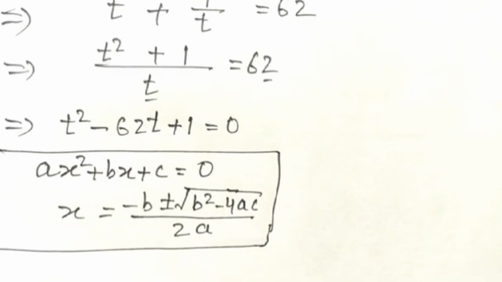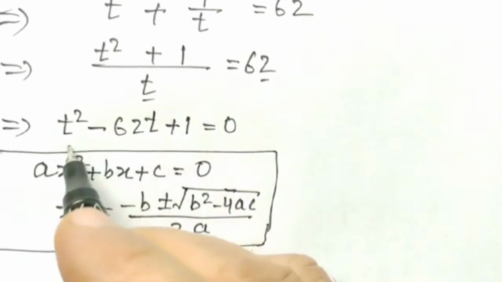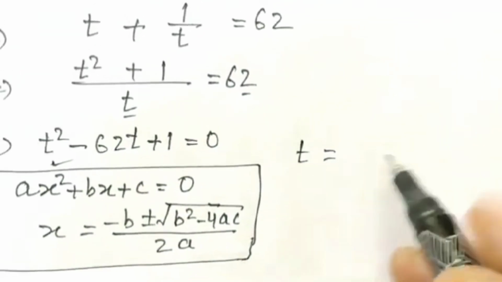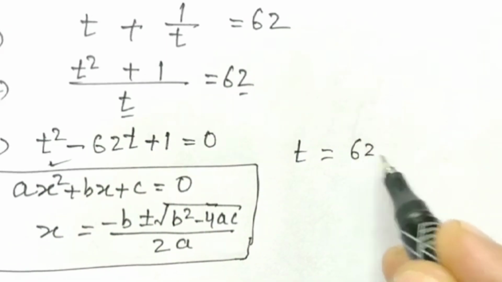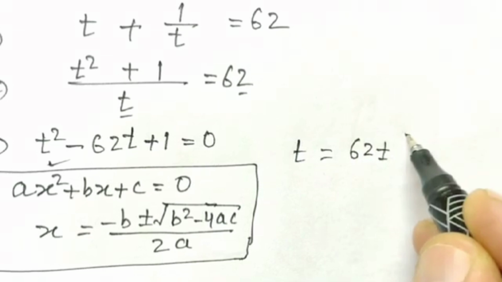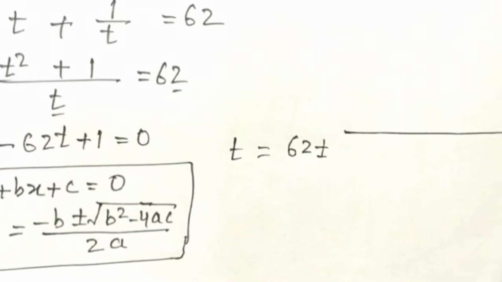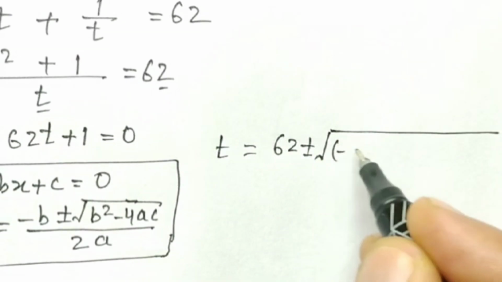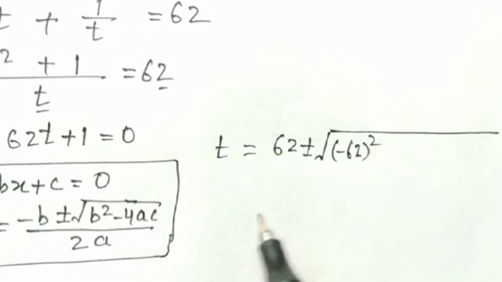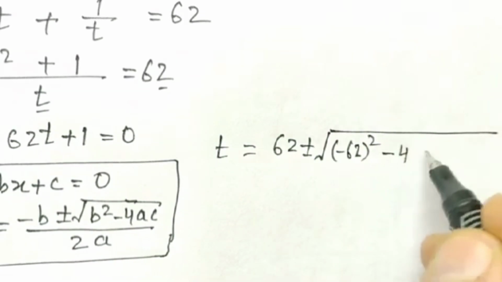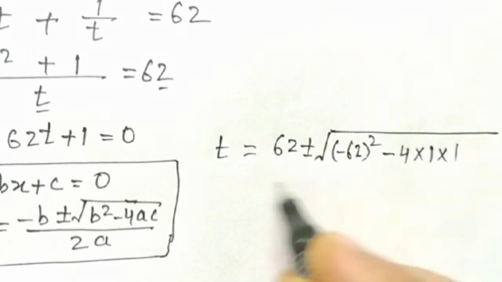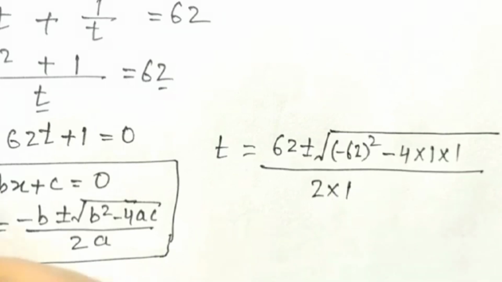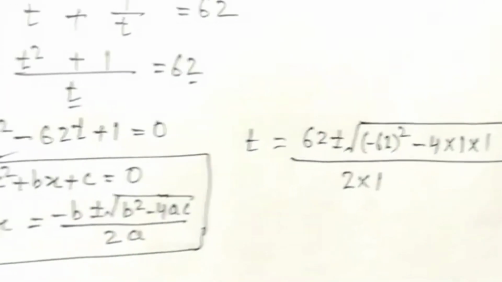So t will be equal to (62 ± √((-62)² - 4·1·1)) over 2, where a is 1.